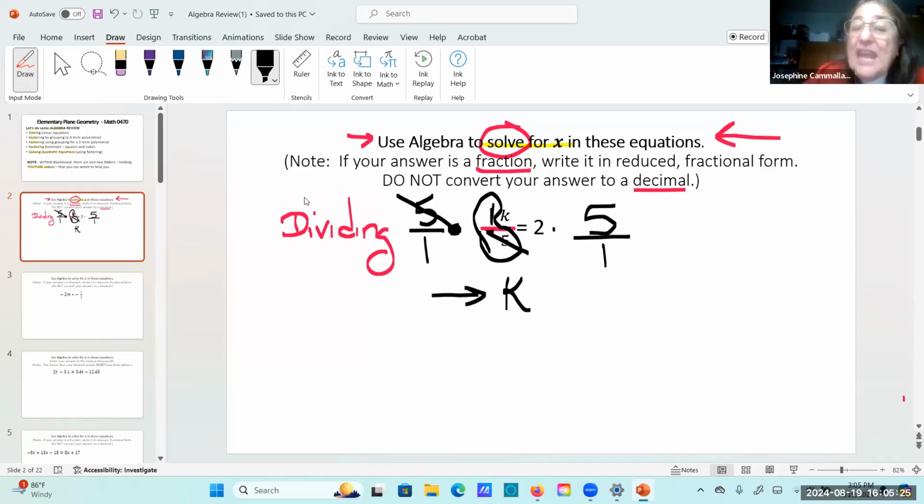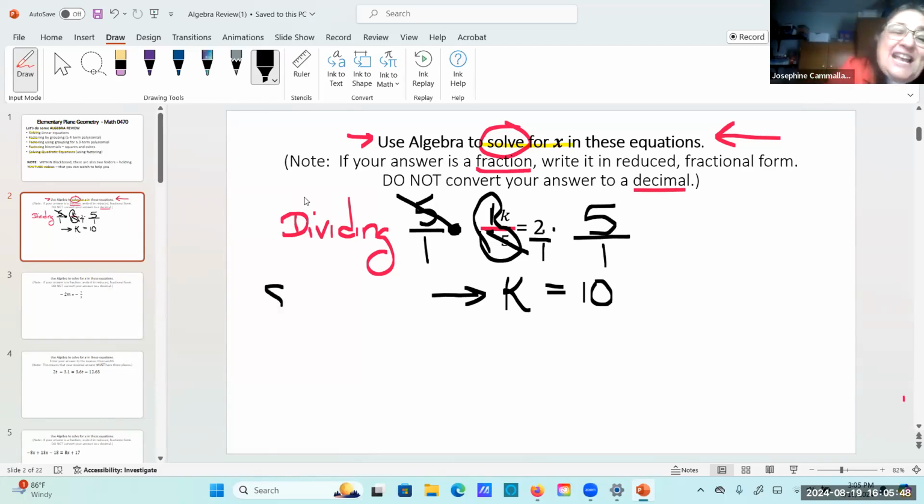That's how I have the k by itself. Now, 2 is technically over 1. So I would get 2 times 5 is 10, and the denominator would have a 1. I don't need to write a 1.